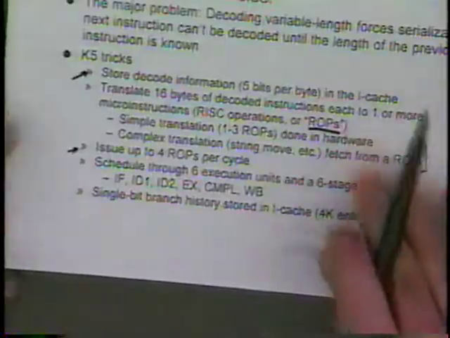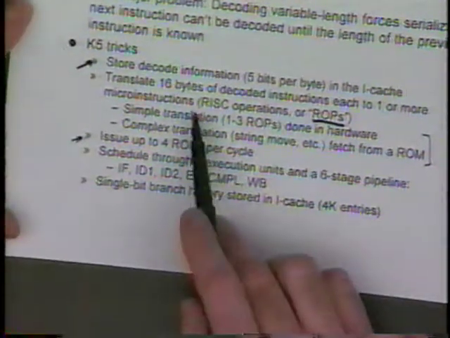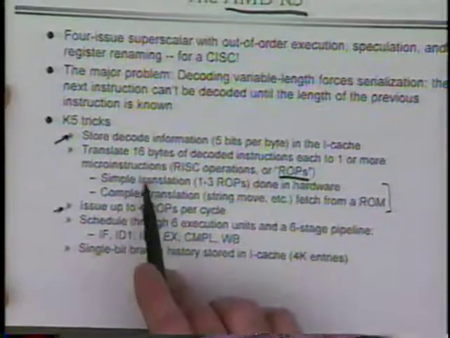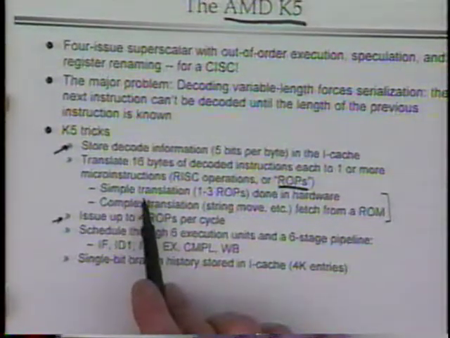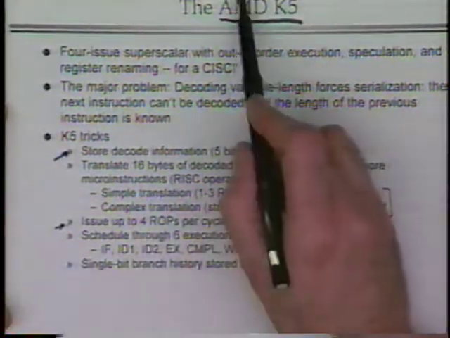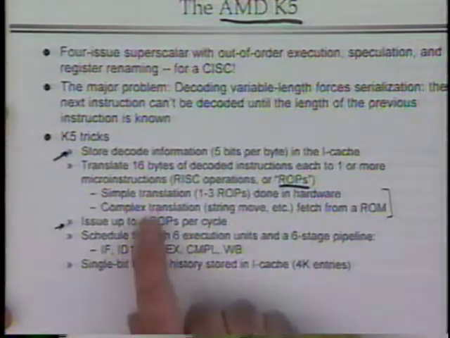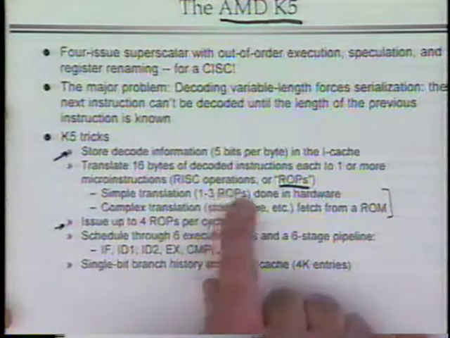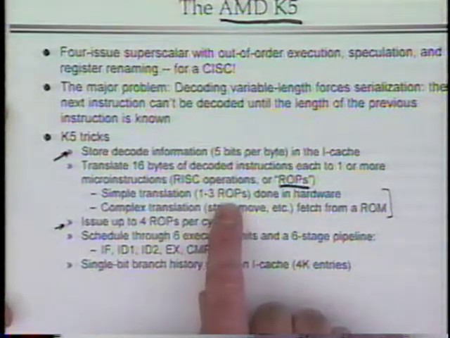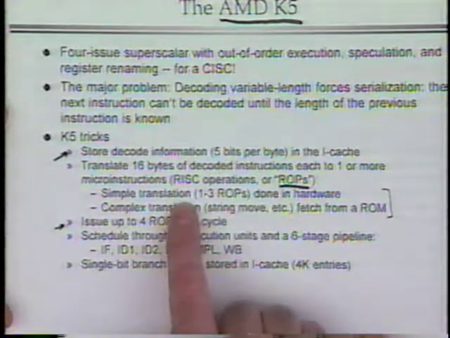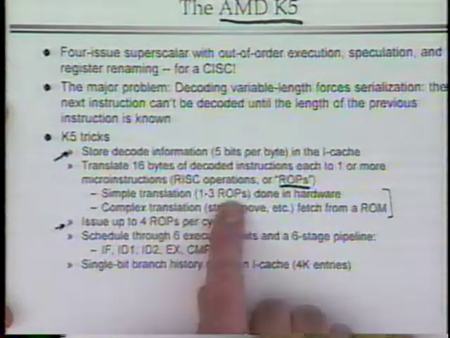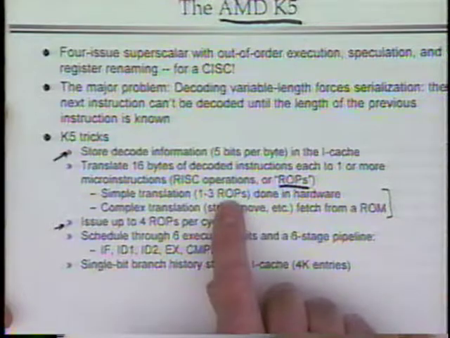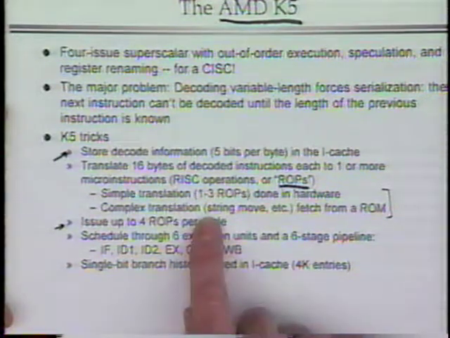And if you look back here at how they do the translation, they basically have two different approaches. One is if it's a very simple target level instruction, if it's an 8086 load or move instruction, or probably even store instruction, then they know that it's only going to take one or two or three of these simple RISC operations in order to do it, and they do a direct translation at the time they do the issue into those RISC operations, and then they schedule those RISC operations in the way we've been talking about for the last couple of weeks.